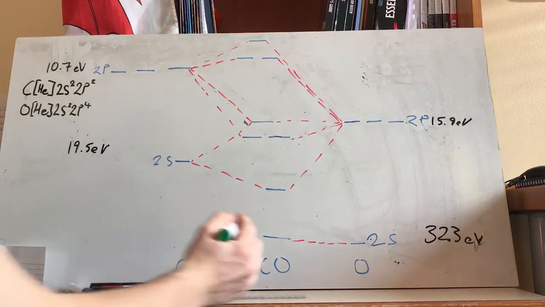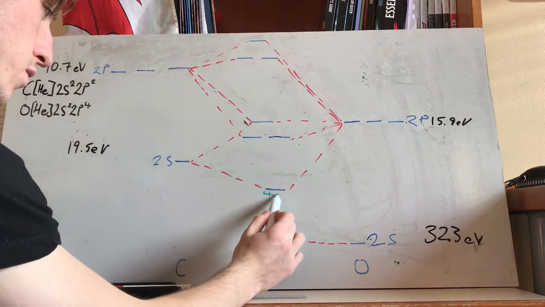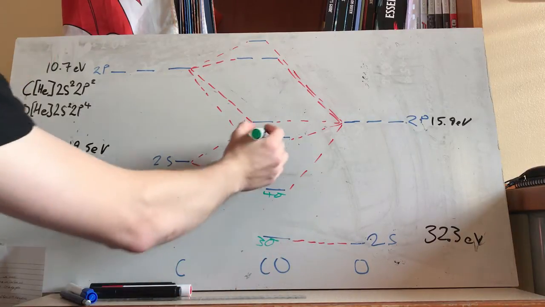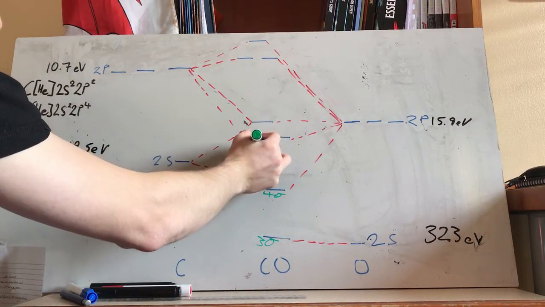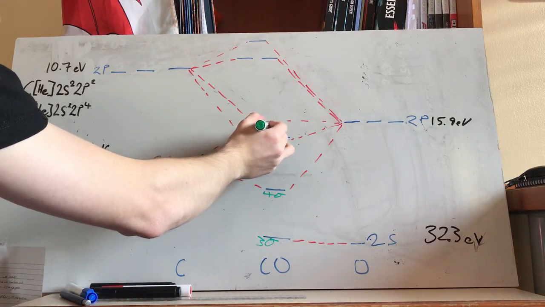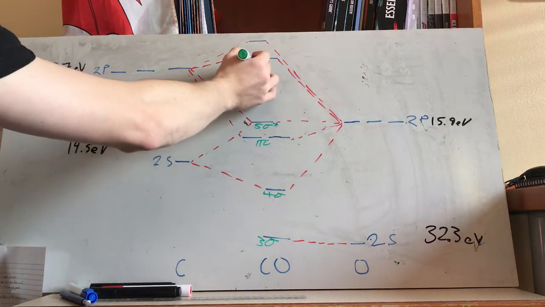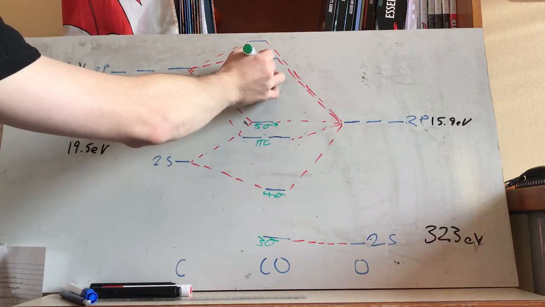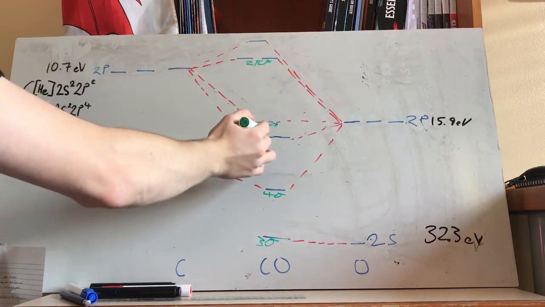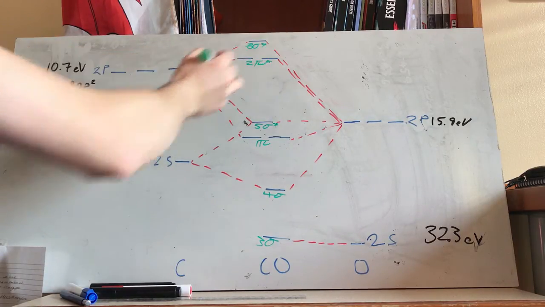This gives rise to the 3 sigma bonding orbital, the 4 sigma bonding orbital, the 1 pi bonding orbital, and the 5 sigma antibonding orbital. It will give 2 pi antibonding orbitals and the 6 sigma antibonding orbital.